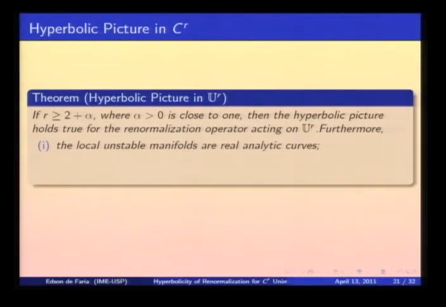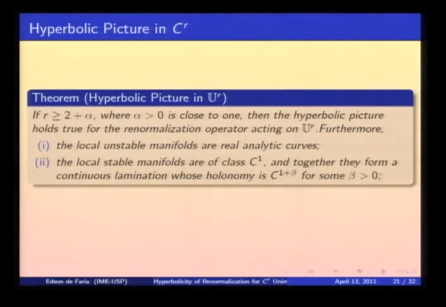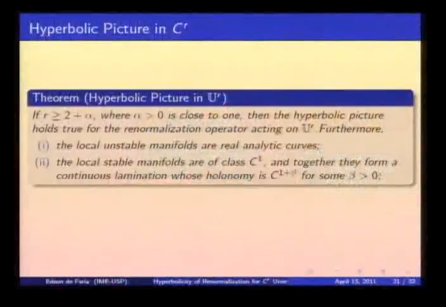Furthermore, we prove that the local unstable manifolds are real analytic curves. In this case, the manifolds are really very nice. The unstable manifolds are one-dimensional, though. And the local stable manifolds are of class C^1. We are not able to prove that they are better than that, and probably they are not.